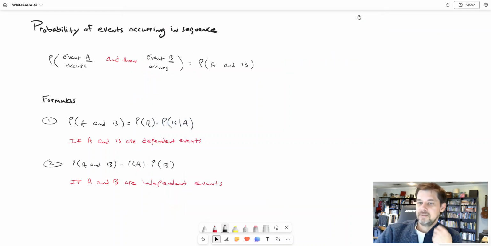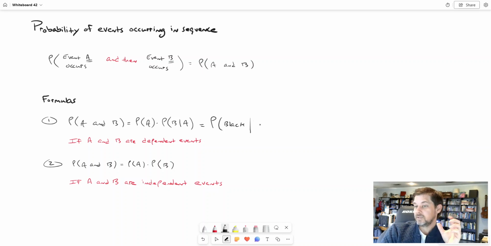Okay, so let's write that this way. I'm going to say probability of selecting black, and when I write this vertical bar here, that's our notation for conditional probability. So we say the probability of selecting a black card given that you've already selected a red card.